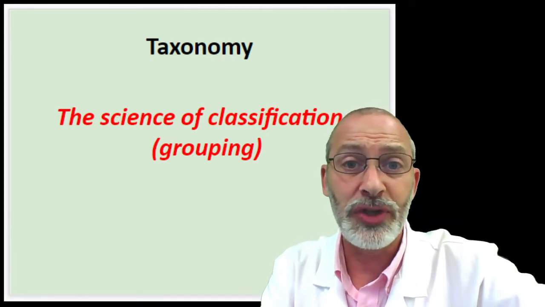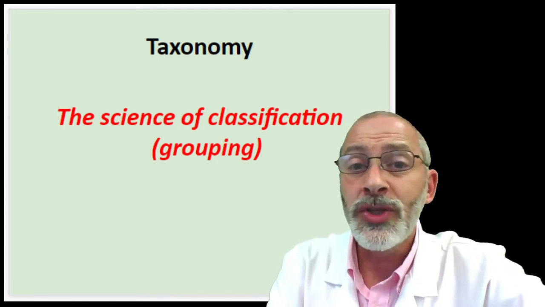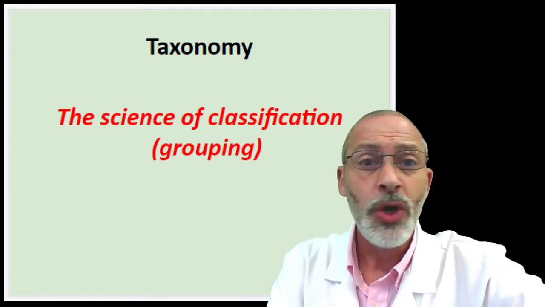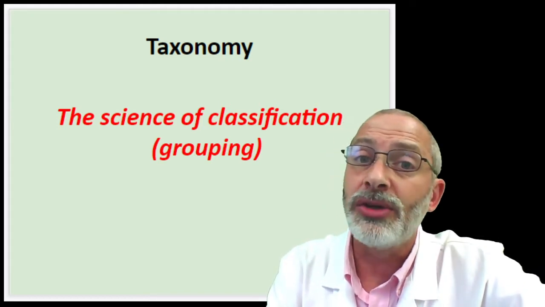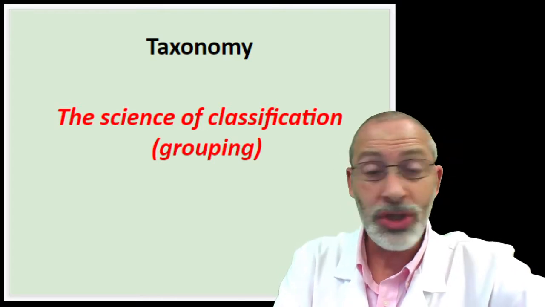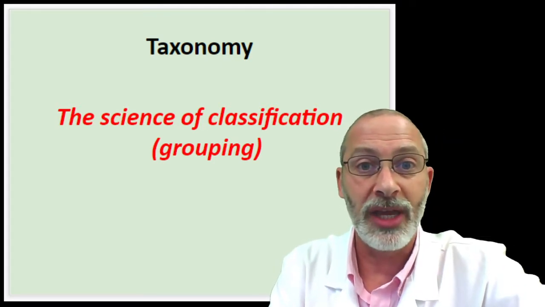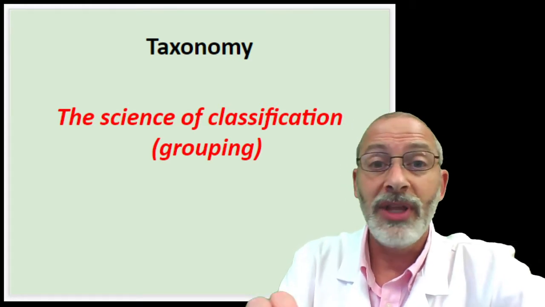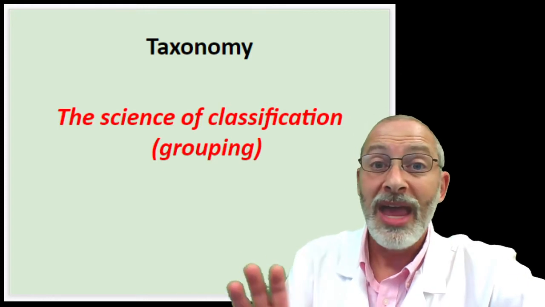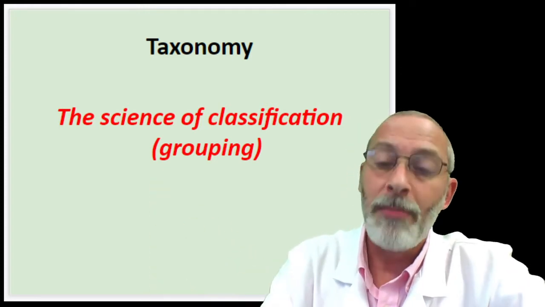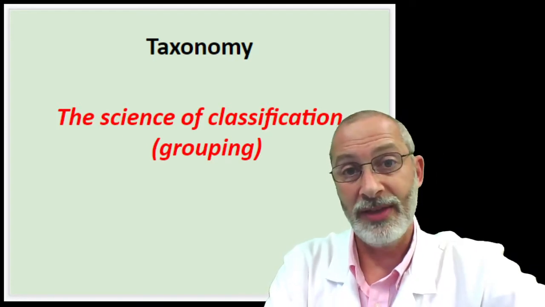Scientists love to group things into different categories because once we can group things, we can organize information and make it easier to study. Because once you have things organized in different groups or classifications, then you can give, let's say, one scientist this group, one scientist that group, and you can learn more about a particular group because you have classified them.